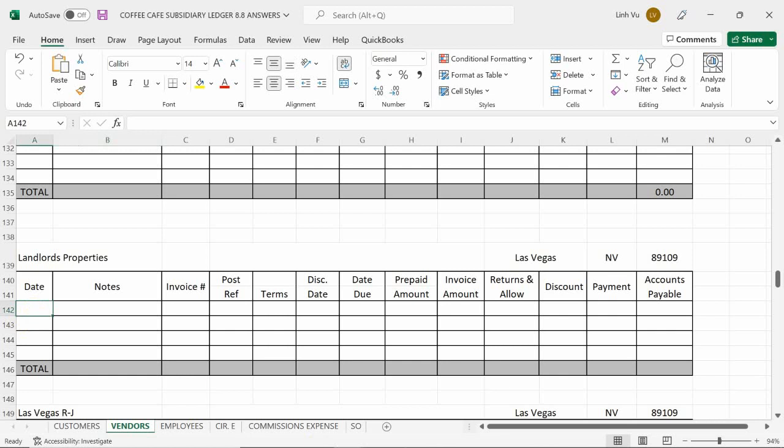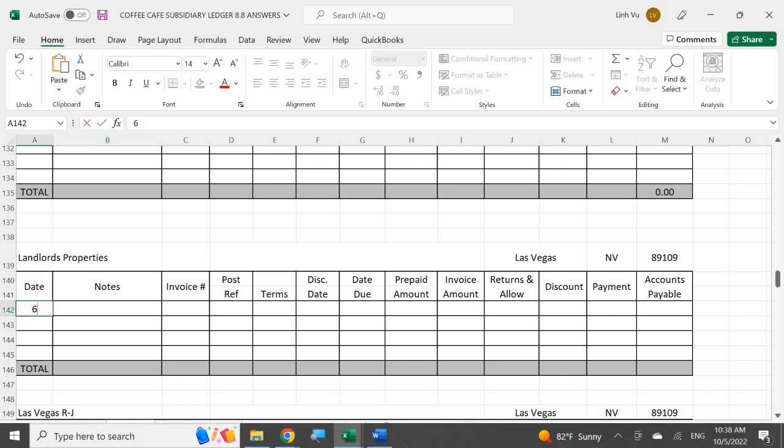Now, what's so significant about keeping track of your vendors? What's the purpose of keeping track of your vendors? So that you'll know who you owe. Correct, right?